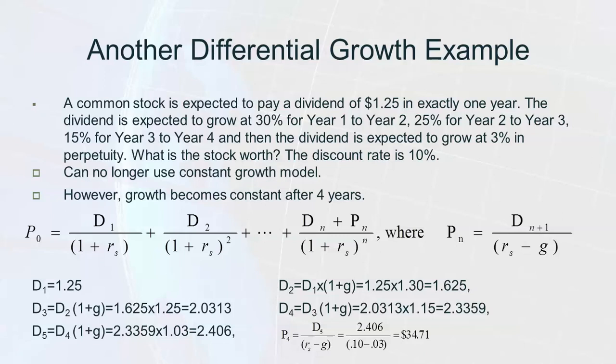Your cash flows are going to be dividends, and at the end you're going to be selling your stock, or computing the expected price at a future time. As soon as the dividend starts getting constant, find the stock price using the constant growth model.